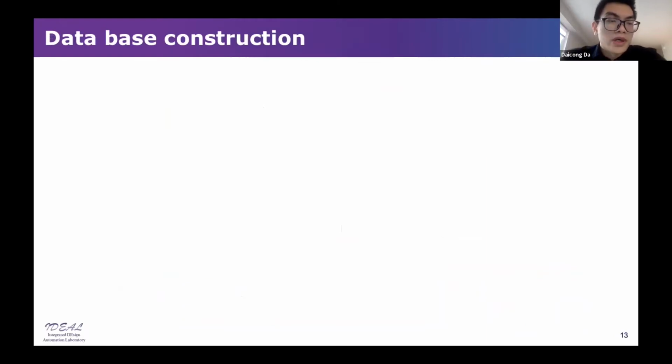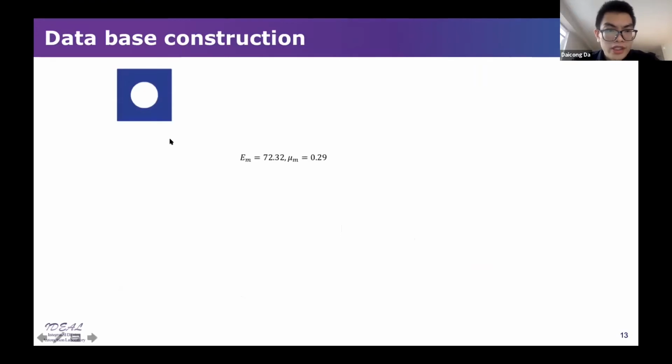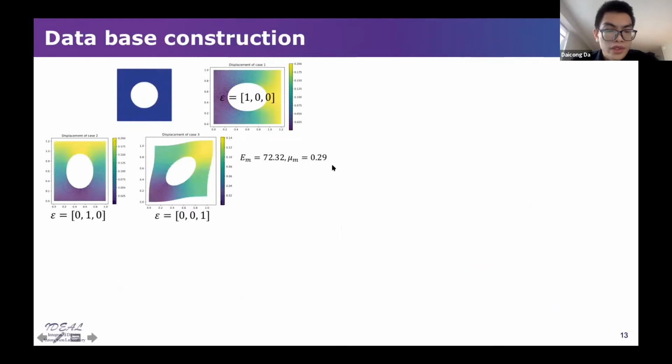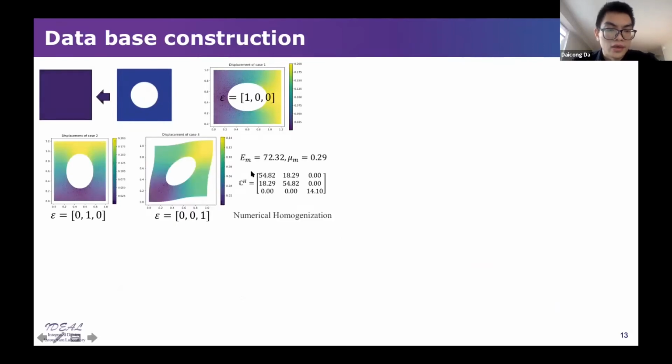This is the place where the data-driven database works. For each geometry of a unit cell like this, the simple structure with the hole, you have the isotropic Young's modulus and Poisson ratio, and you will do three different strain loading cases, so you can obtain the effective material properties based on the numerical homogenization method.